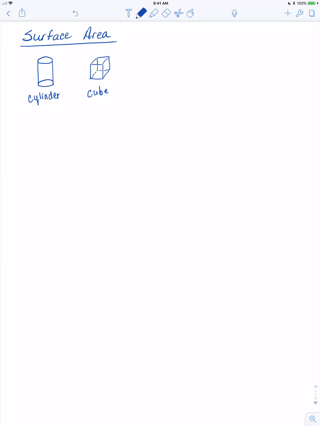And if you can sort of look at that and see the different faces on that cube, you can see that a cube has got 6 faces. And that's the flat surfaces, if you don't know what a face is.